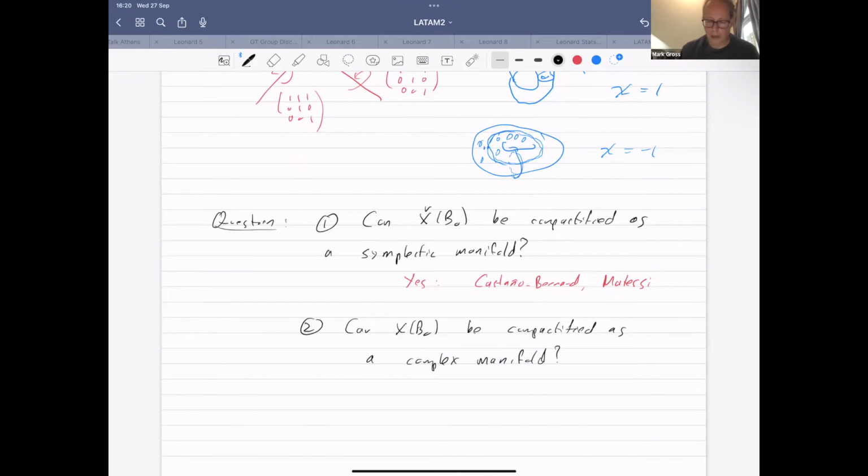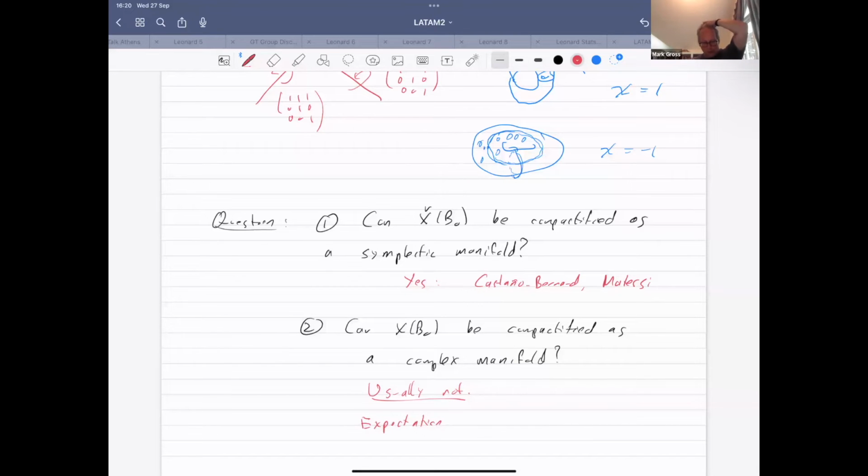And there the answer is usually not. And the expectation is, well, there's a lot more moduli to complex structures than there is to symplectic structures.